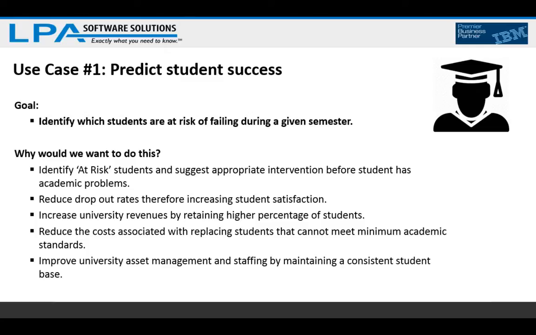On the monetary side, this will allow us to increase our revenues. By keeping more students, that's going to allow us to retain more of the tuition that is being paid for these students to attend our university. So I think that goes without saying. On the flip side, we're going to reduce the costs associated with replacing students too.